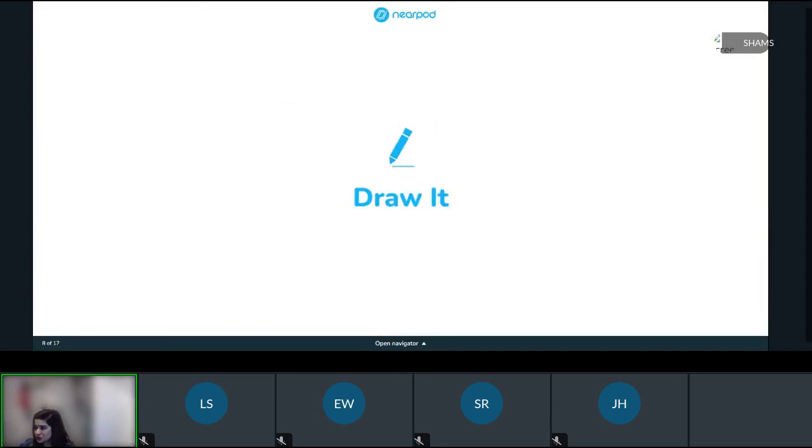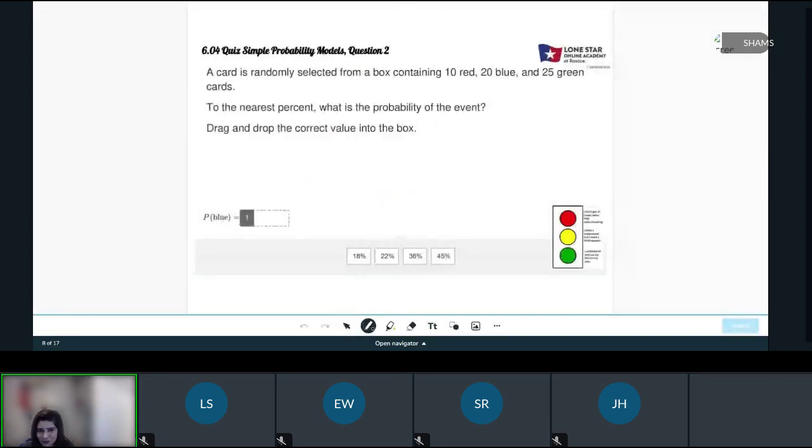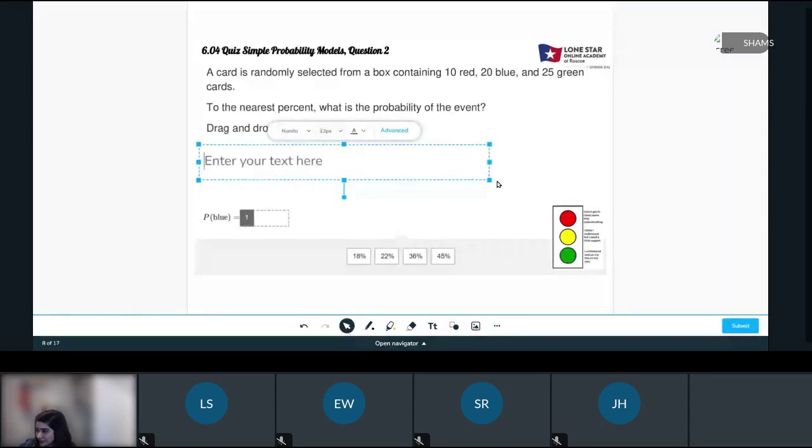Question 2, variety 3, random. And here a card is randomly selected from a box containing 10 red, 20 blue, and 25 green cards. Step 1, in probability or in any math question, you definitely want to find the total when that is not given.